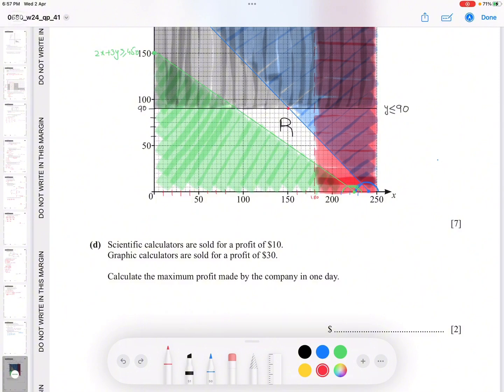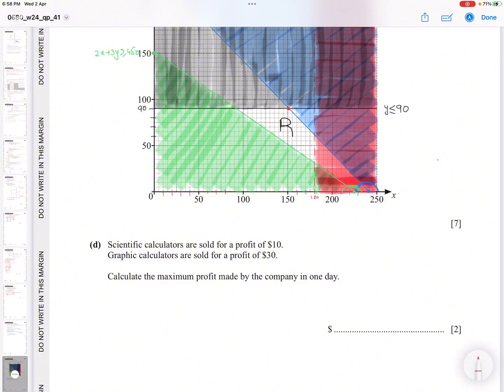I'm pointing with the red one. Your x is 150 here and your y is 90 here, because after this point, if you take any other point in the required region, you cannot get the maximum profit.